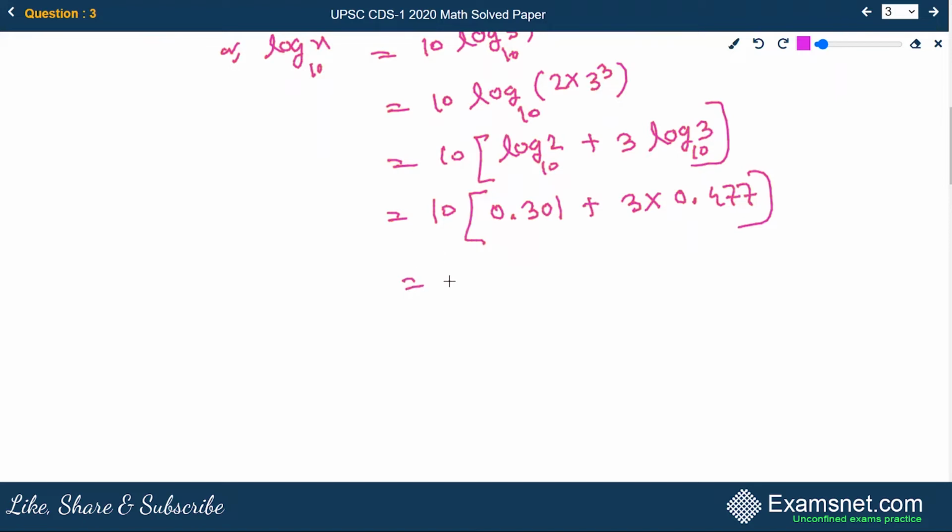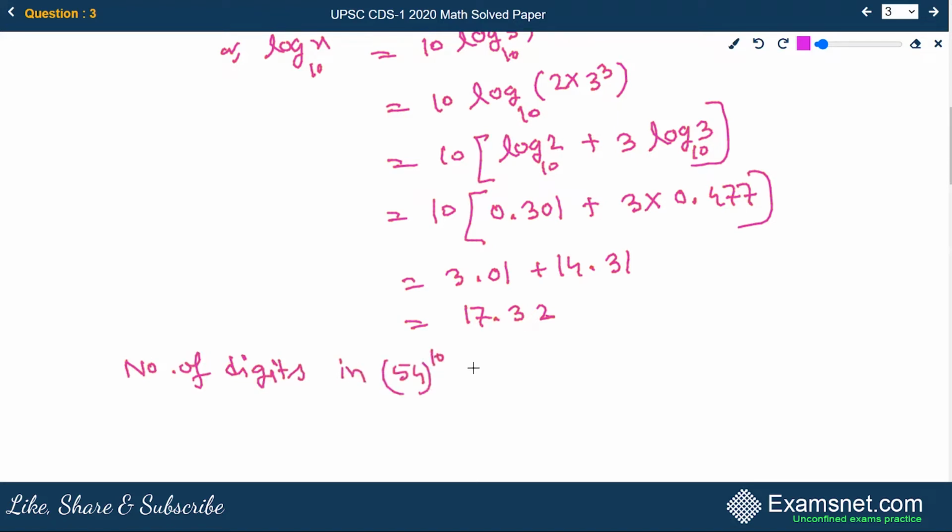So that would result in 3.01 plus 14.31, which is 17.32. So the number of digits in 54^10 is floor of log x to the base 10, plus 1, that is 17.32 plus 1.